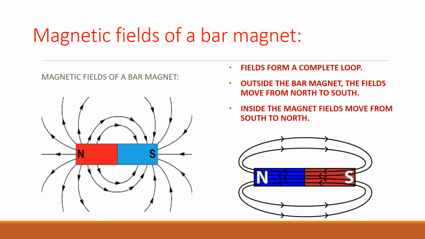So outside the bar magnet, the fields move from north to south. But inside the magnet, fields move from south to north. This is just to make sure that they follow one direction. Just follow one loop and see it is flowing in a complete clockwise direction or flowing in a complete anti-clockwise direction.